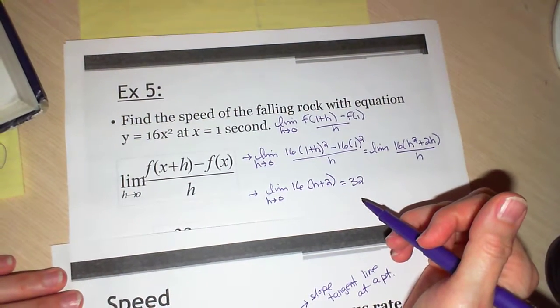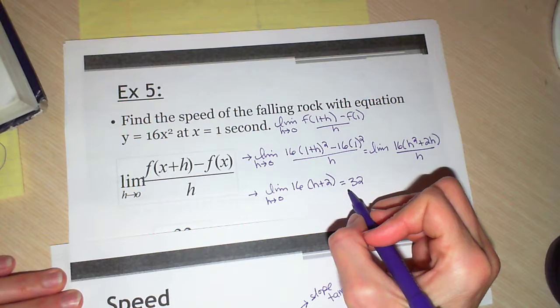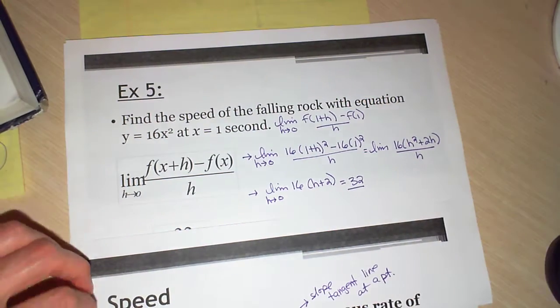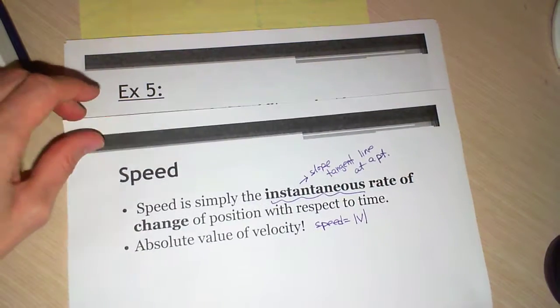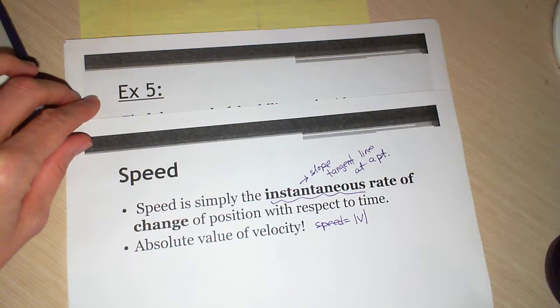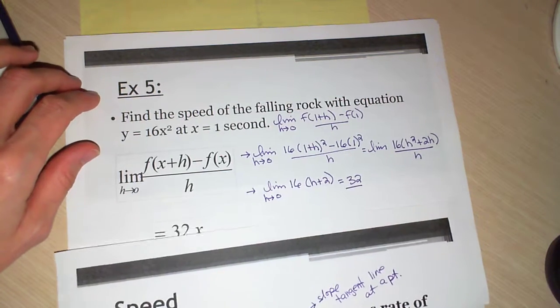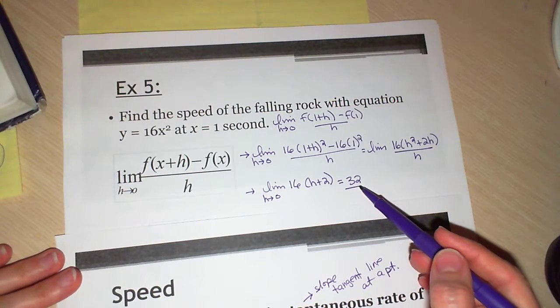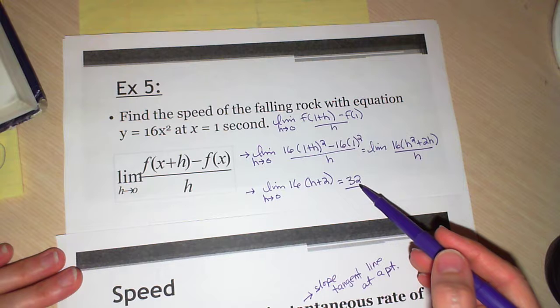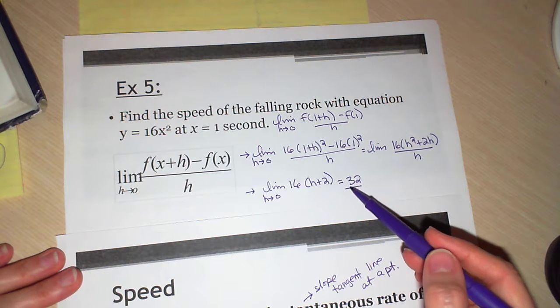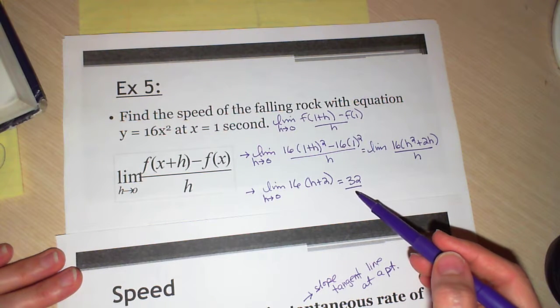Okay, now let's think about what this 32 is. So we said here that speed is the instantaneous rate of change. So this that we just found, the instantaneous rate of change, is the speed, and this is also the slope. Remember, instantaneous rate of change is the slope at a point.